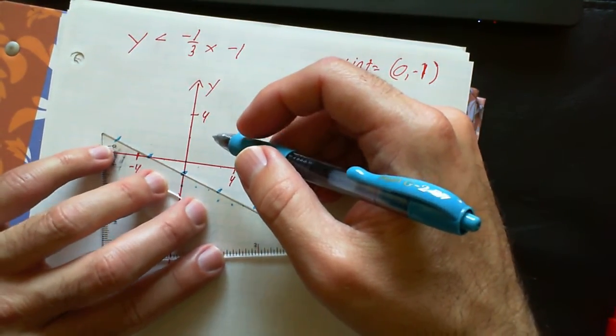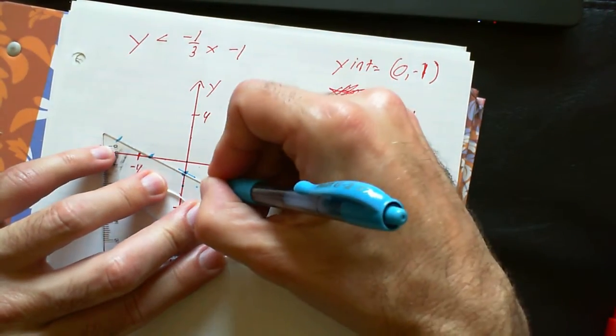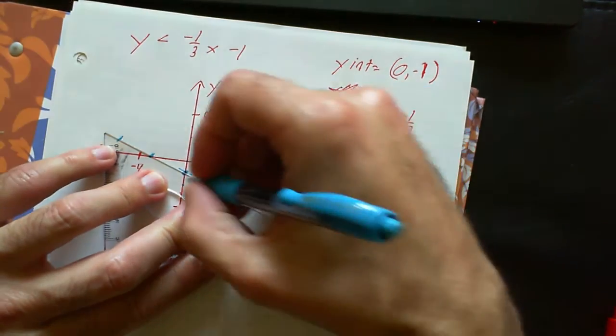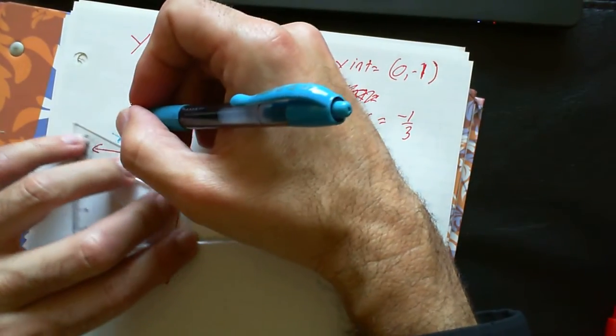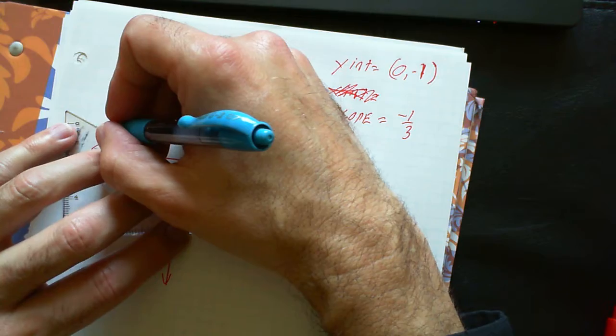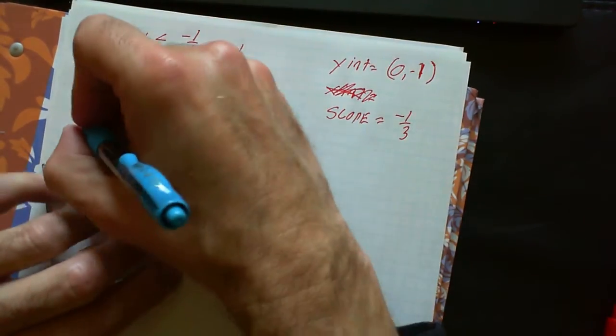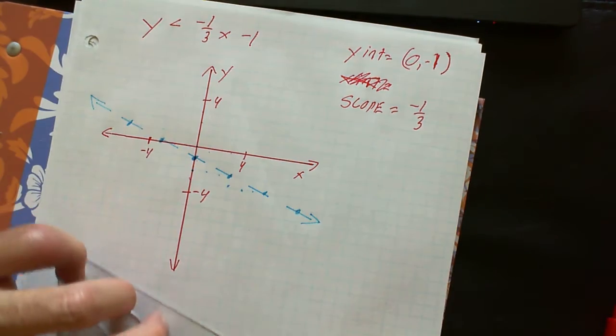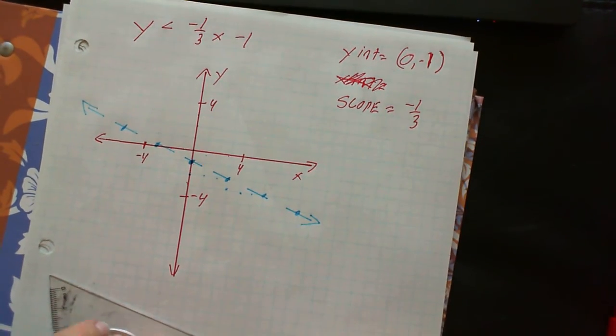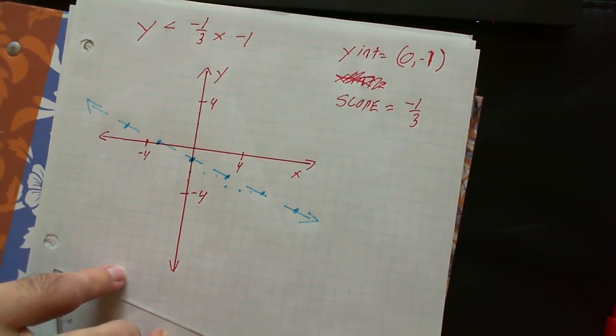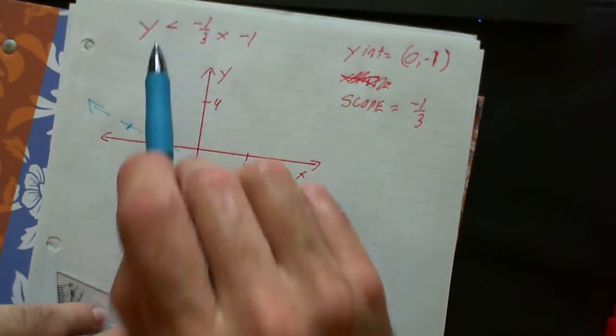I bet some of you already know, but the way we graph it is we just do dashed lines. Dashed lines, just like that. Put my arrows. Because it's not equal to, I just do a dashed line. Dotted line, I don't know what you want to call that. And then real quick, y is less than.